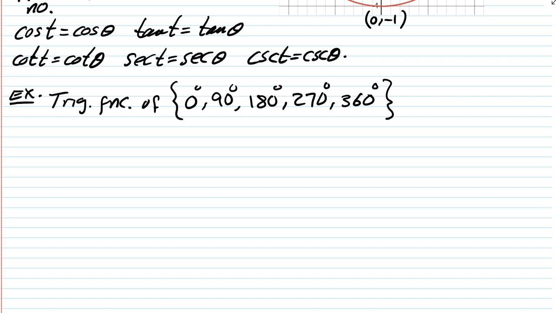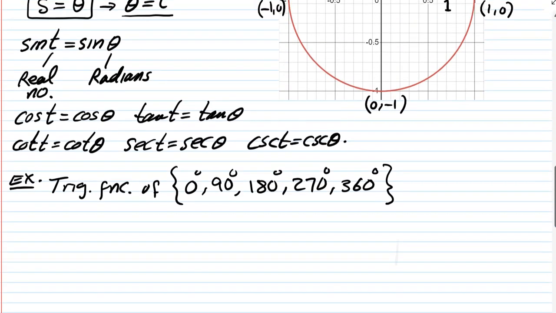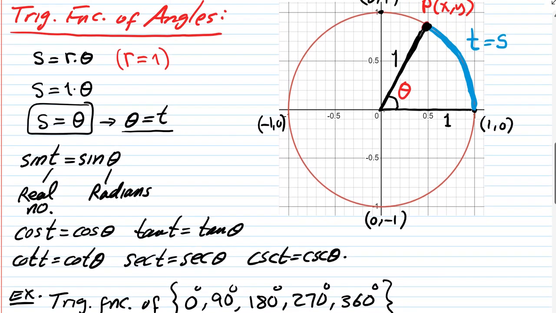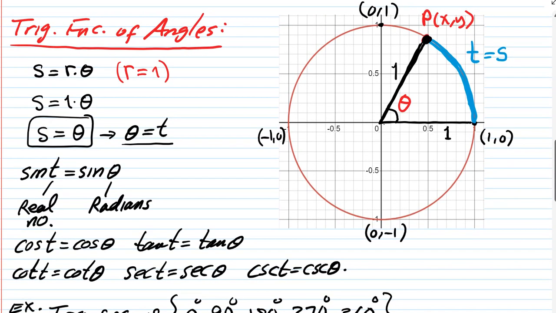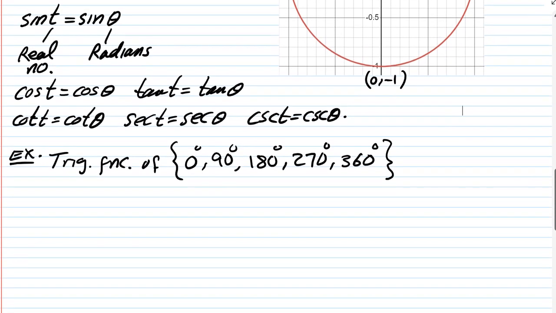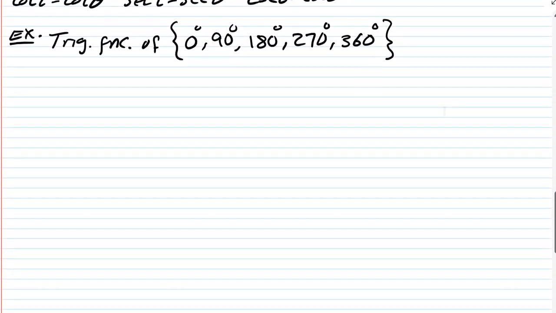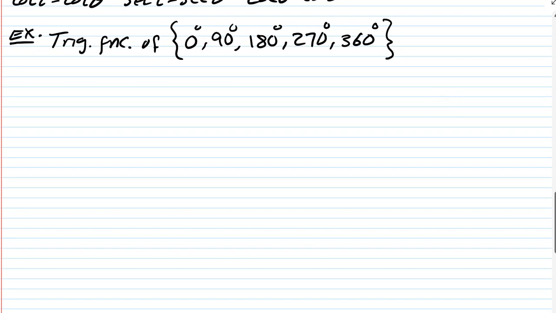Something special about these angles: every one of them lies either on the x or the y axis. Let me bring my unit circle up again and I'll explain what I mean.